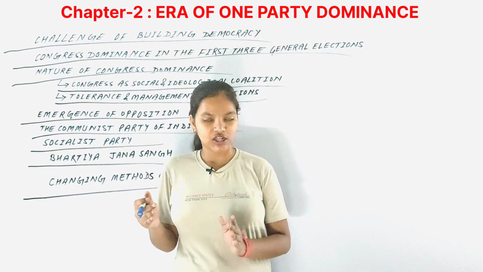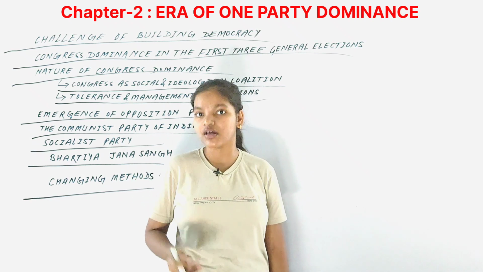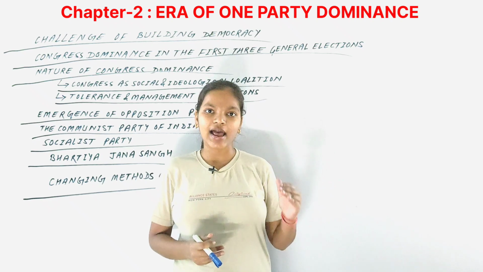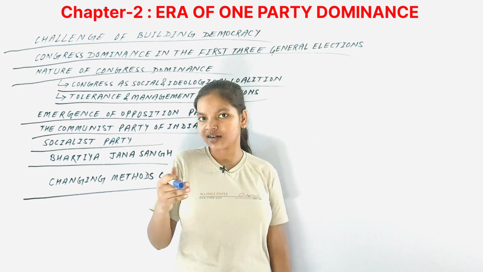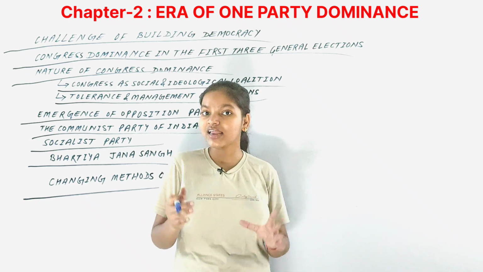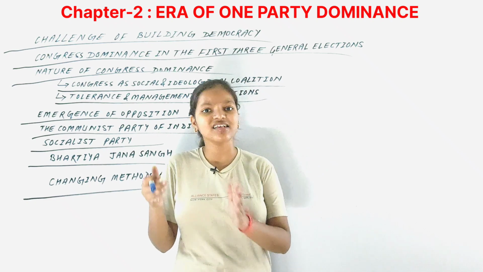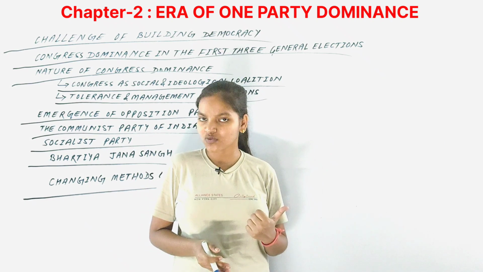After the first two general elections, the method was changed again. Earlier, people just had to put a blank ballot paper in the candidate's box and then the papers would be counted. But now the ballot paper contained the names, the parties and the symbols of all the candidates for that particular constituency.